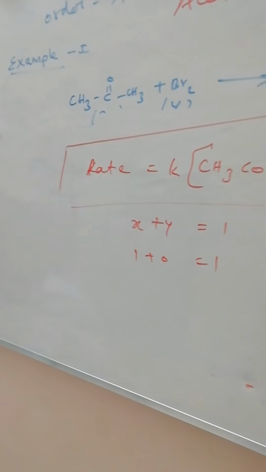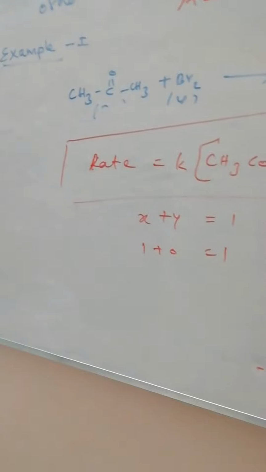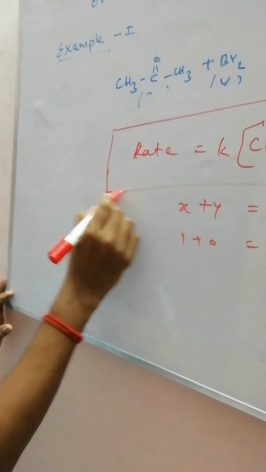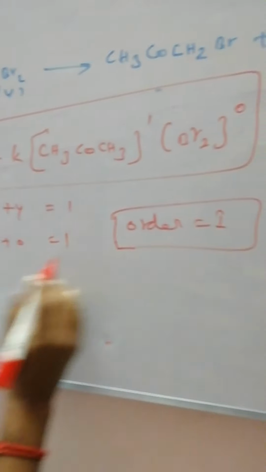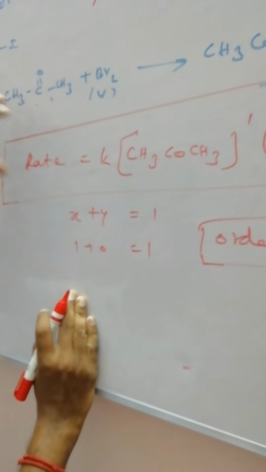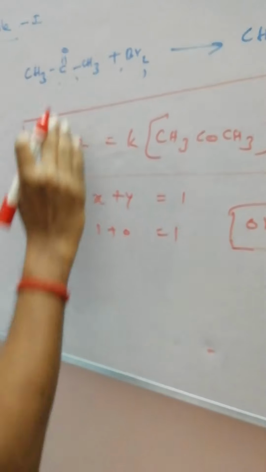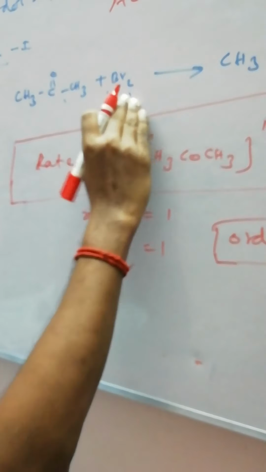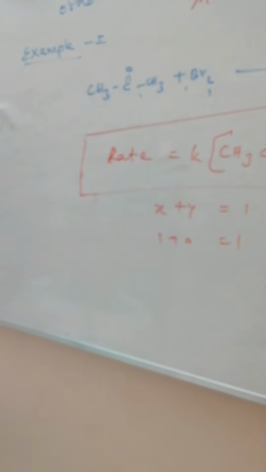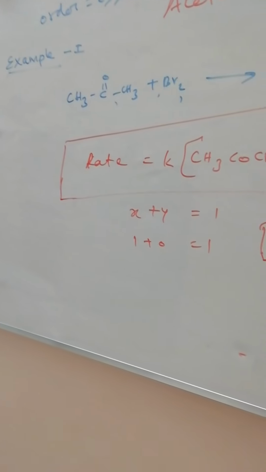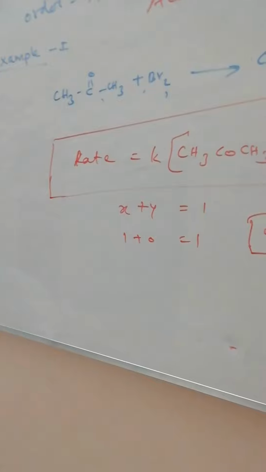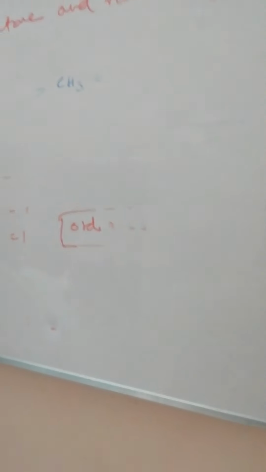This experiment proves that the sum of the powers of the concentration terms is called the order of the reaction. While doing the experiment, one of the concentrations will influence the rate of the reaction, the other will not. This was confirmed only with the help of experiment. Without the experiment, just by seeing the stoichiometric equation, we can never find the answer.